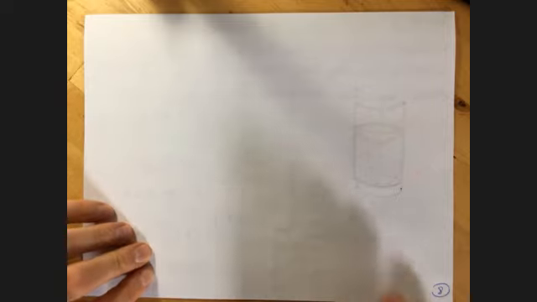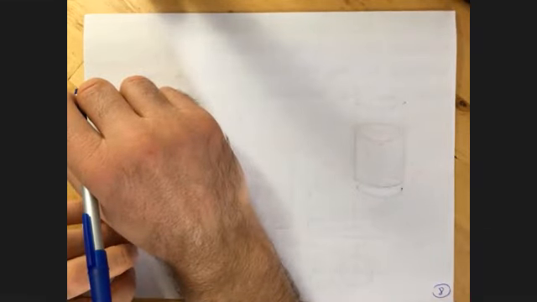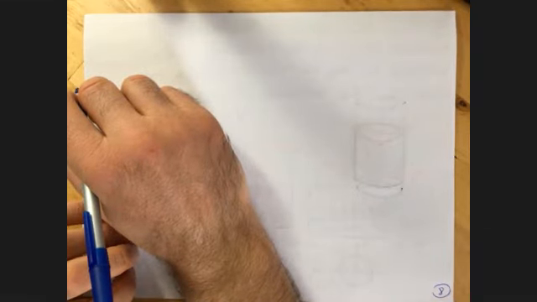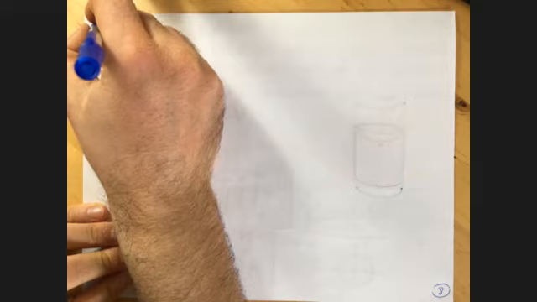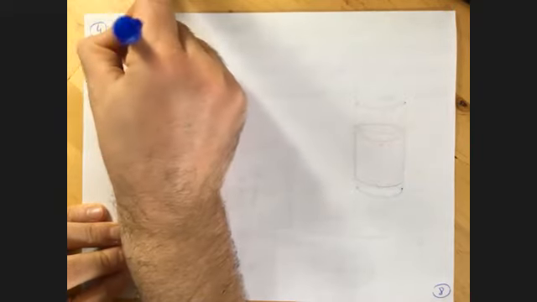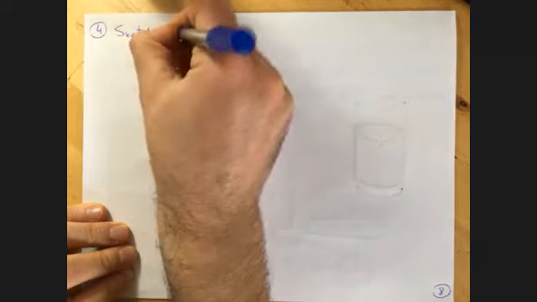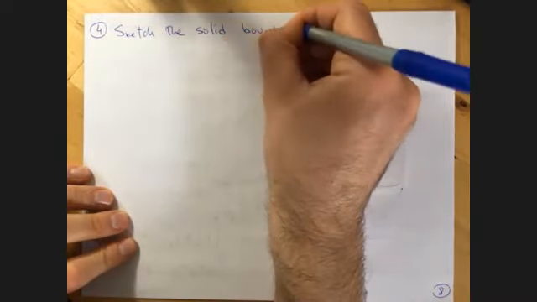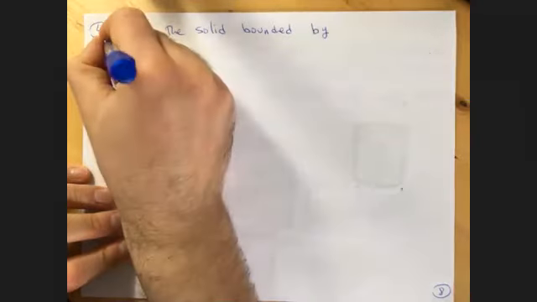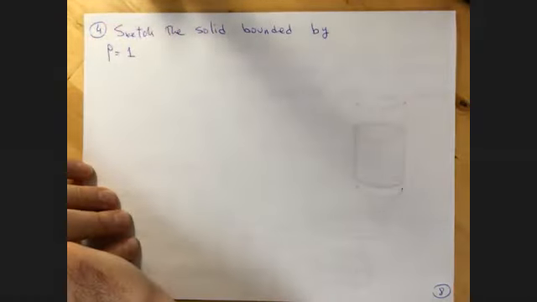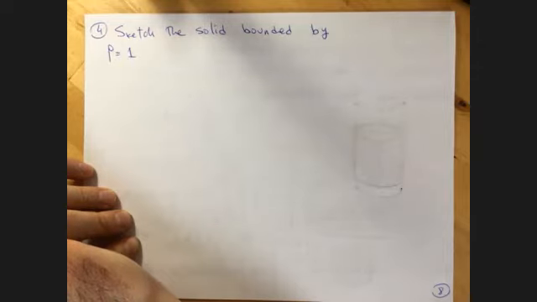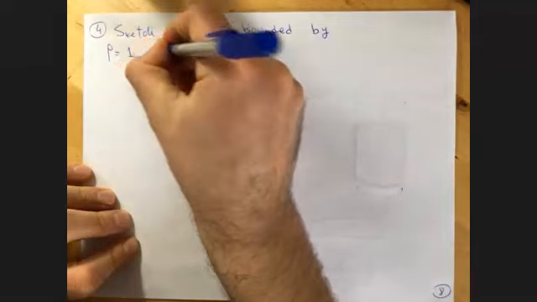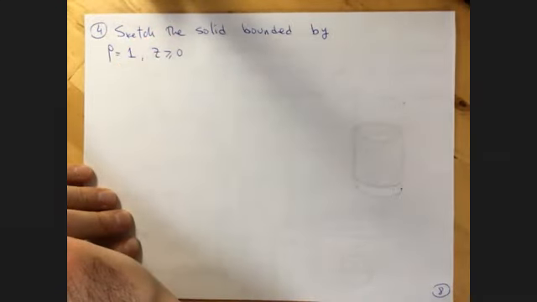But the last problem is going to be: sketch the solid bounded by rho is equal to 1. Okay, so now I'm giving you the solid in spherical coordinates, right? Z and a little bit of Cartesian. So this is a mixed.